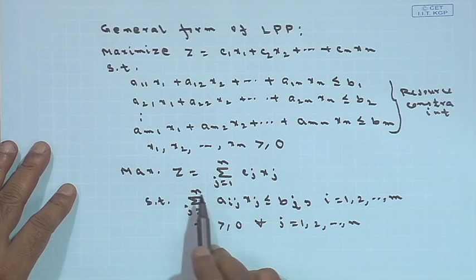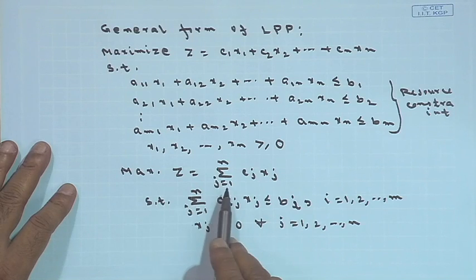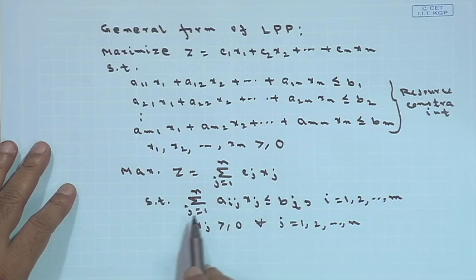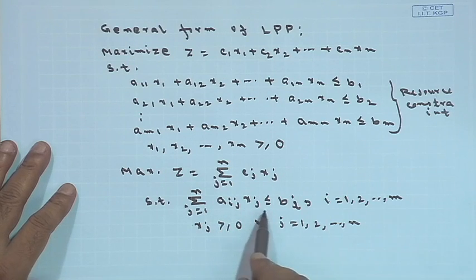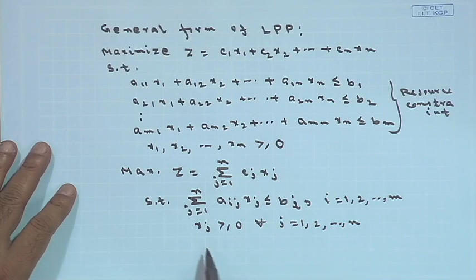So, this is in compact form: maximize Z equals summation j equals 1 to n Cj xj subject to summation j equals 1 to n Aij xj less than equals Bi and xj greater than equals 0.